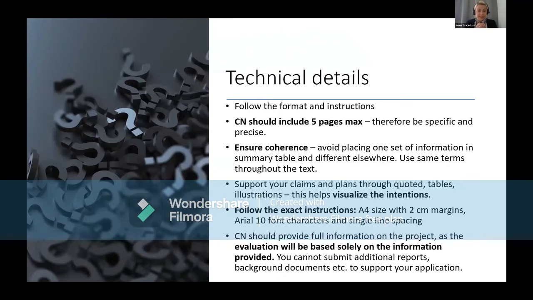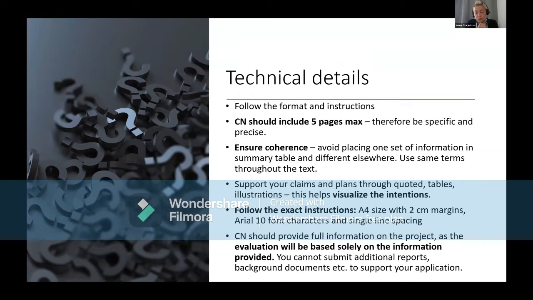With regards to some technical details, it is really important to stress that you need to follow the template that you download from that link that we went through yesterday, where the guidelines are published as well. So you need to follow this template very, very carefully.